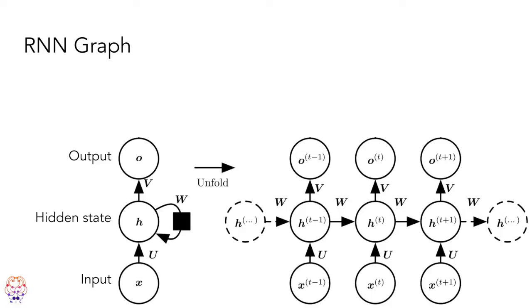So how are the outputs kept track of? Because you're trying to get towards y, right? Does the output get passed along to the next state? No. Only the hidden state gets passed along, because we want our hidden state to keep track of everything in the past.